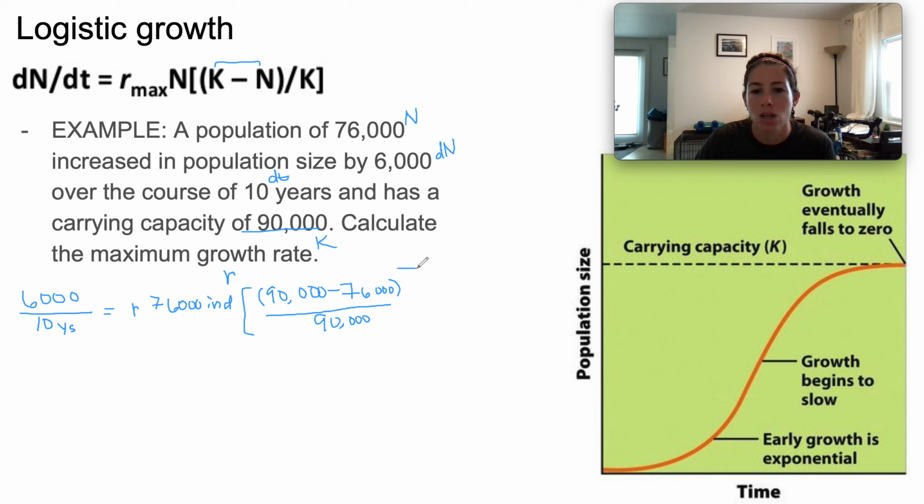Okay, so we want to do the innermost portion first, which is this one. We're going to do K minus N. So K minus N, 90,000 minus 76,000 is 14,000. So let's just replace that with 14,000.